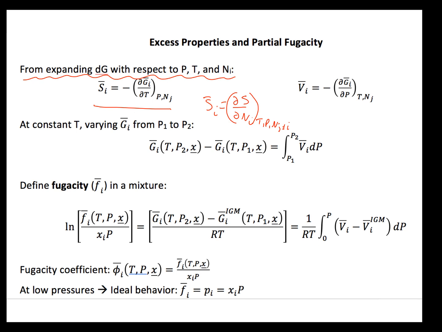So what we can say then also is that this is actually equal to d/dn_i of minus dG/dT, which in this case is equal to S.